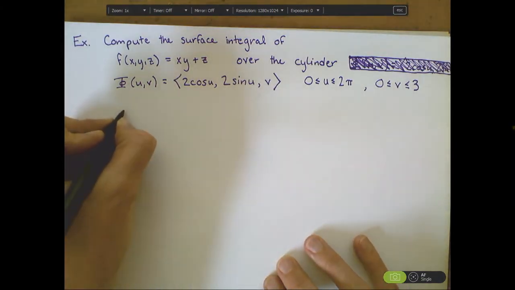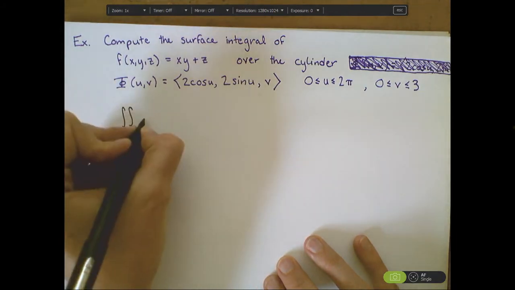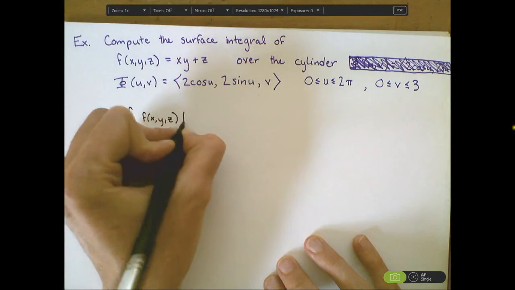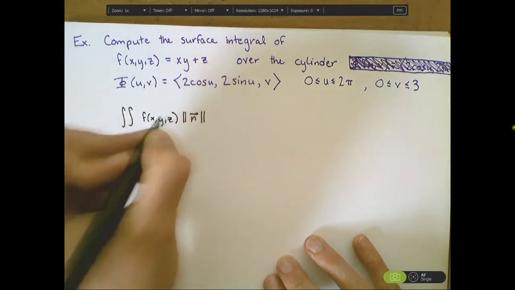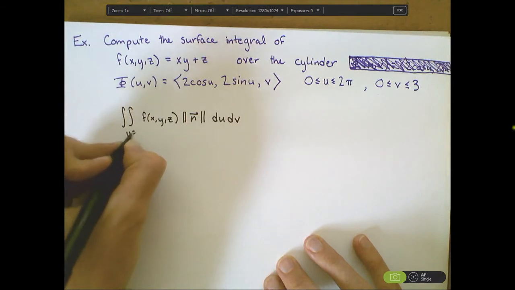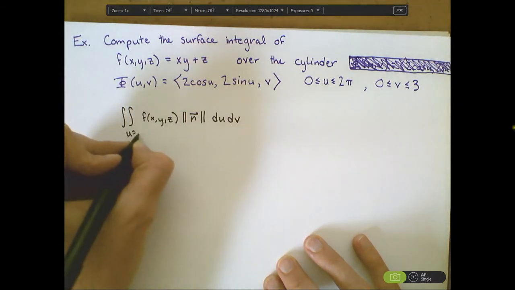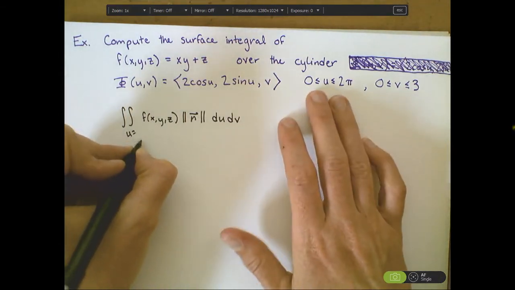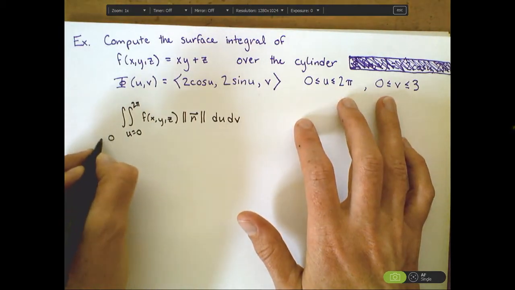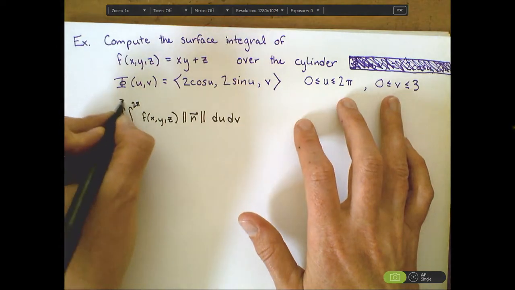This is just going to be the double integral of our function f of x, y, z times the magnitude of the normal vector. Our u's we let go from 0 to 2 pi, and our v's we let go from 0 to 3.